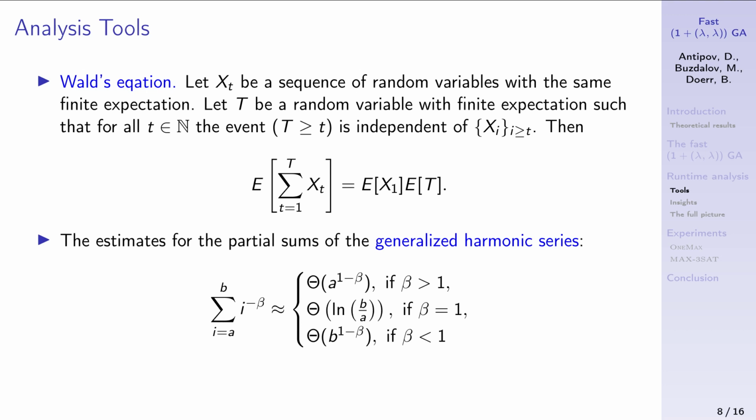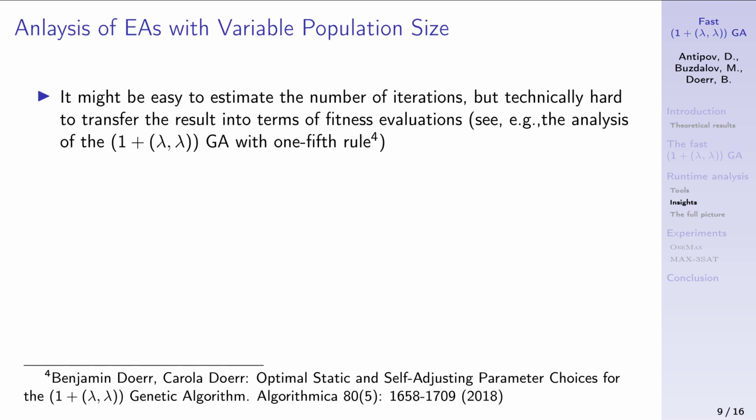Wald's equation is used to analyze the runtime of an algorithm with a variable population size. The main problem for such algorithms is that even if we can estimate the runtime in terms of iterations, it is usually hard to transfer this result into terms of fitness evaluations, because we don't know what the population size was in each stage of the optimization.